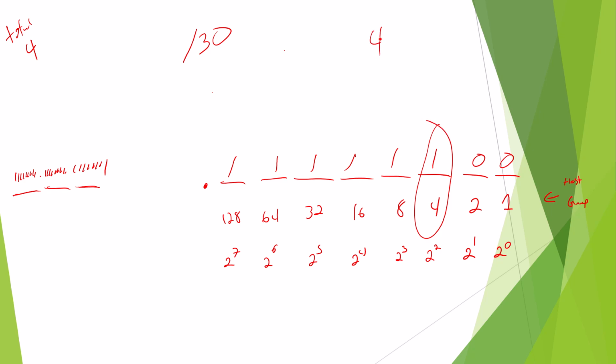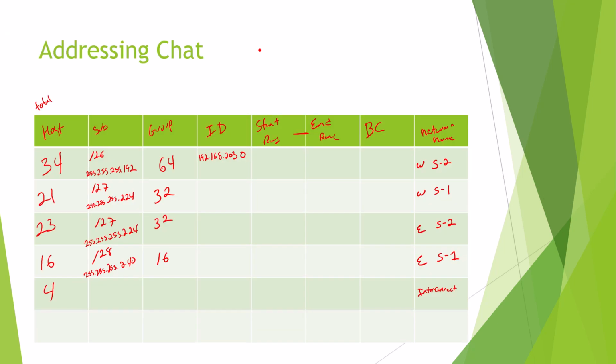That's a grouping of 4. That's a 255.255.255.252. Sorry, my keyboard went forward instead of backwards. /30, 255.255.255.252.